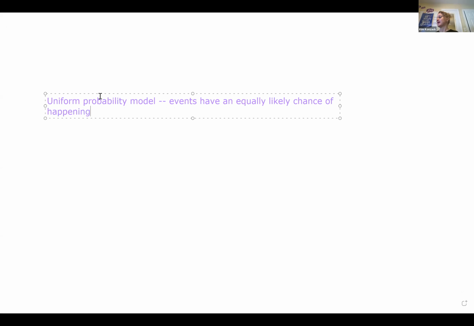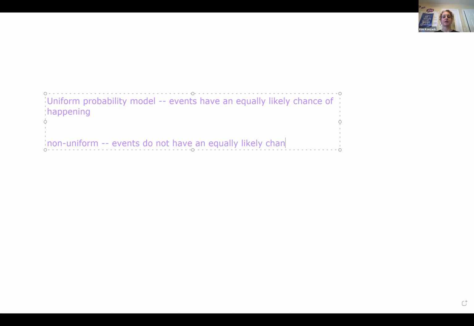Okay, so I'll give you a second to copy that down. And then there's just non-uniform, and non-uniform means the events do not have an equal chance. And I'm going to show you some examples of that. We'll do some examples together.